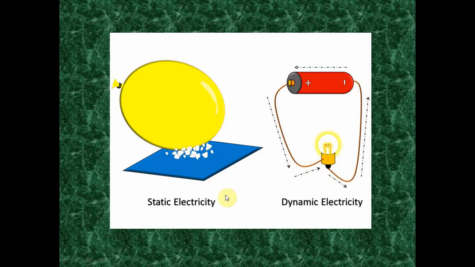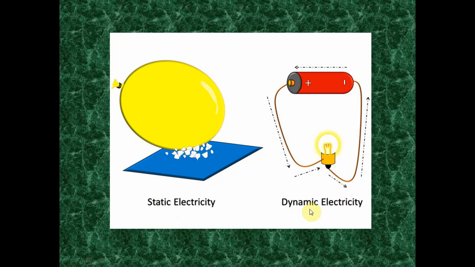So again, this type of electricity, we can't use it to make the devices work because it's generated from rubbing objects together, and because it can't move inside wires, it only stays or remains on the object.